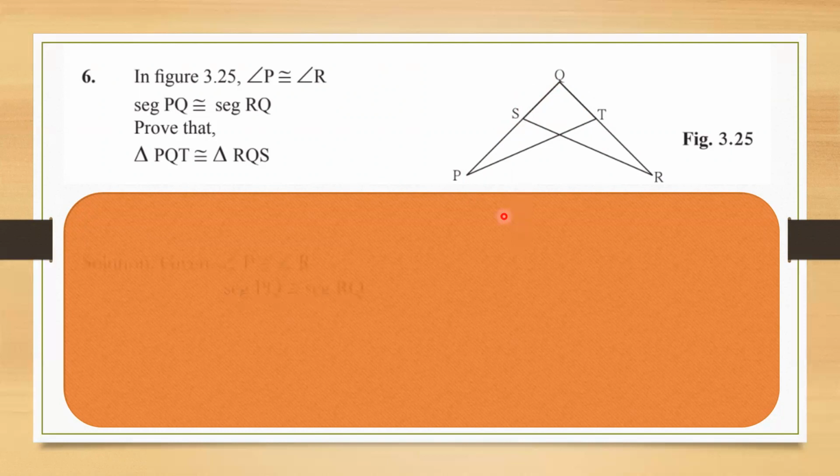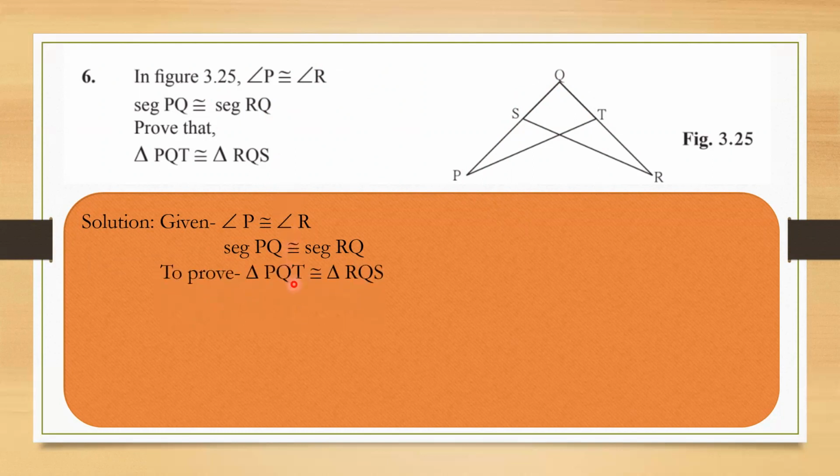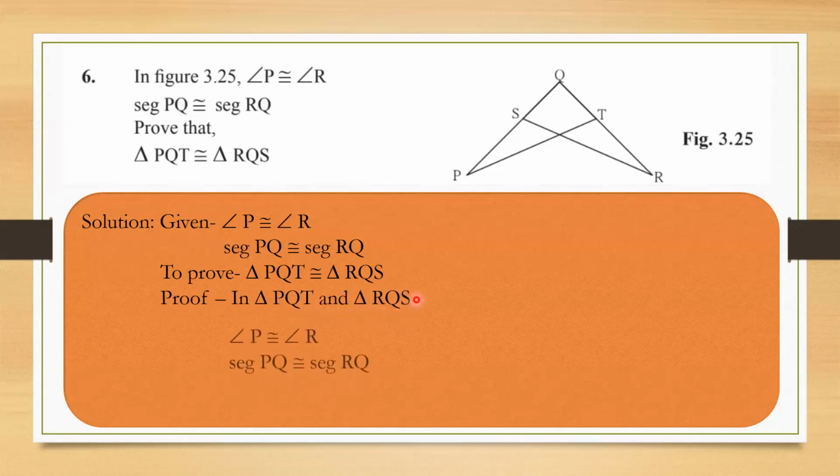First write down given and to prove. In given, you have to write down the first two things: angle P is congruent to angle R and segment PQ is congruent to segment RQ. Write down to prove. In to prove, triangle PQT is congruent to triangle RQS. And write down proof. In triangle PQT and triangle RQS, write down what all things are given.